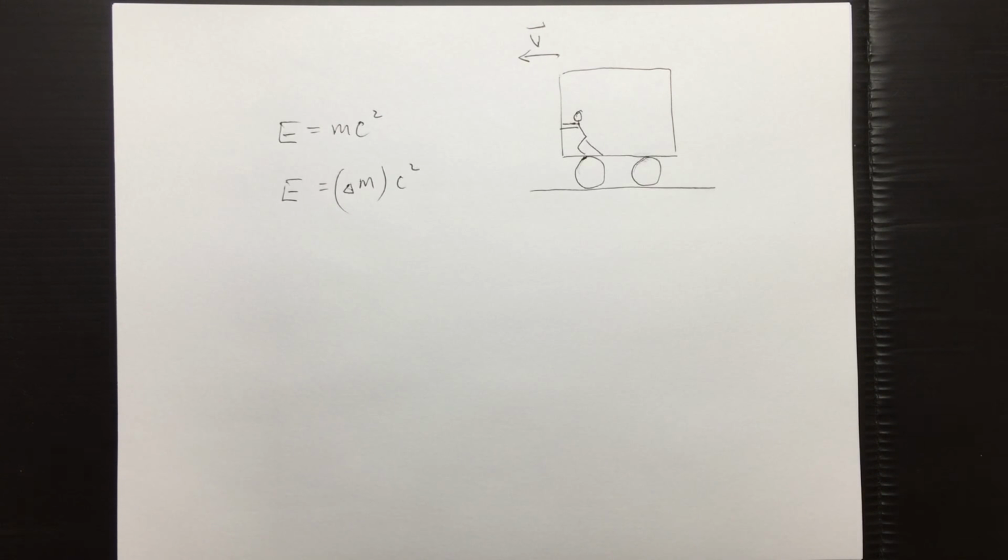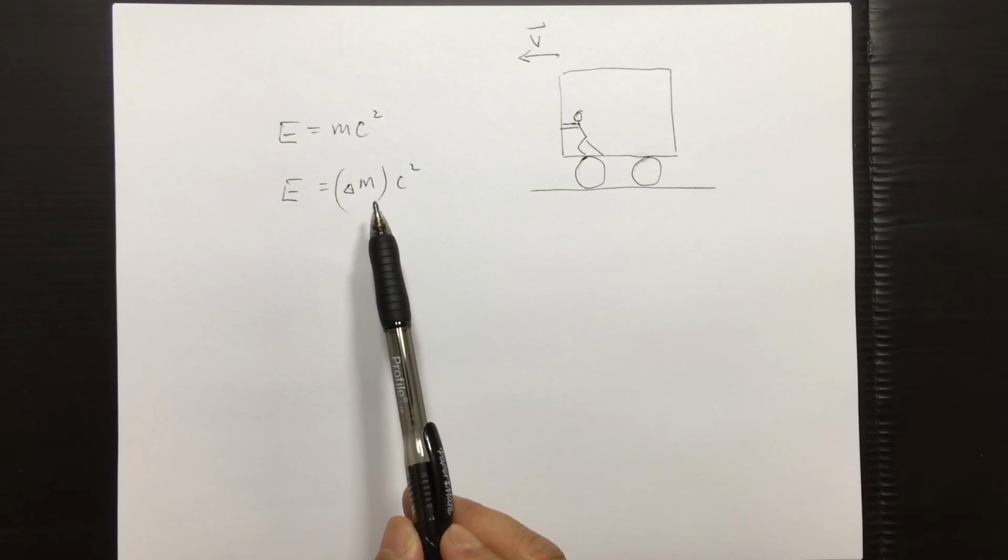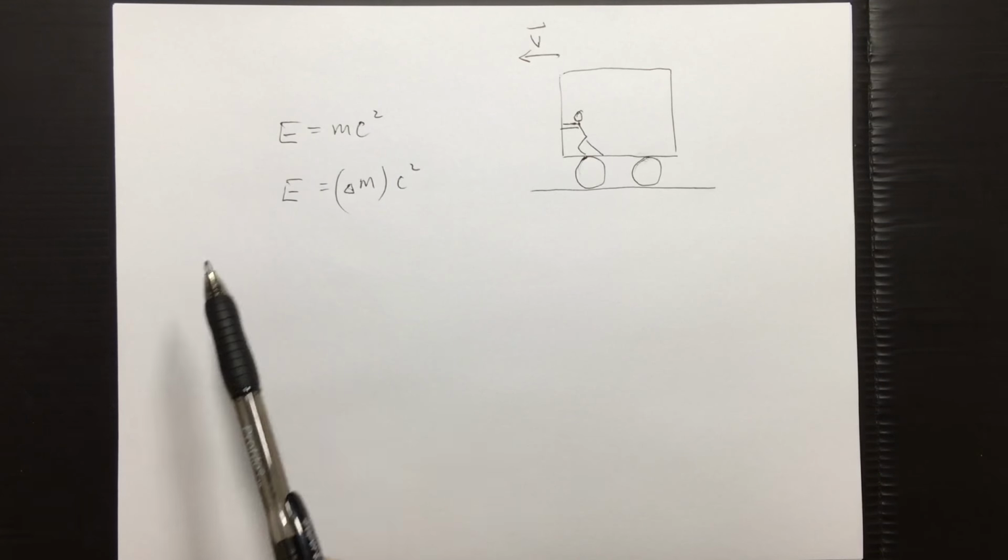You know where nuclear energy comes from? If the atom undergoes a change, and the result has less mass than the beginning, that change of mass is turned into energy.